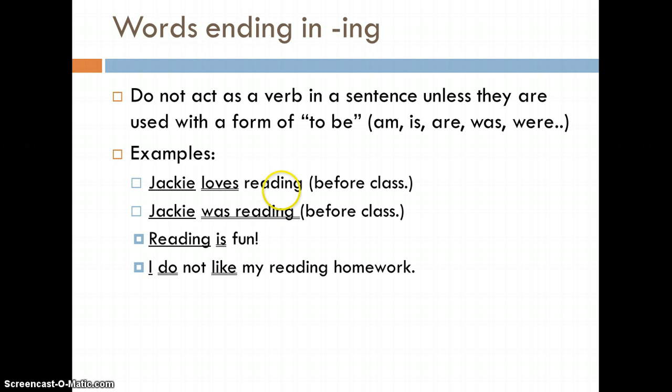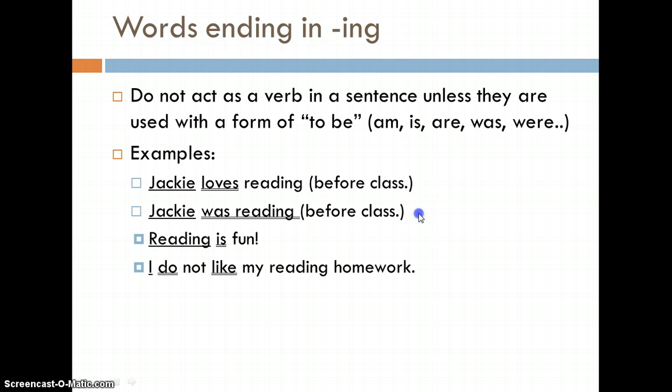It's ending in ing. However, it is not used with a form of to be, so it is not acting as a verb in this sentence. So loves is the only action. That is our verb in the sentence. And then we can identify our subject by asking, who loves? Jackie. Jackie is the one who's doing that action. So Jackie is our subject.